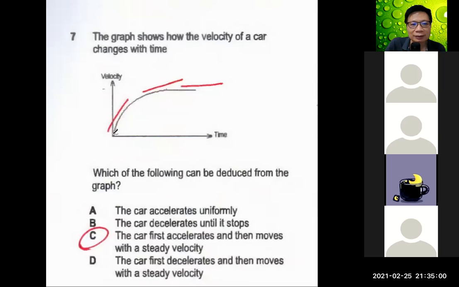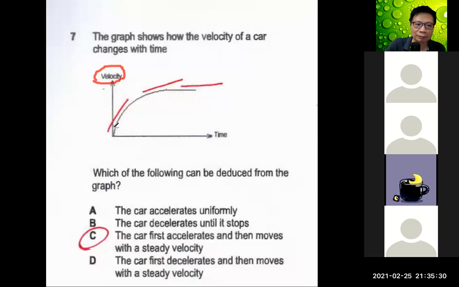I thought a curve downwards is deceleration. No, this is a velocity time graph. I ask you this question now: is the velocity increasing? You see the graph? Increasing, right? Here 0, 1, 2, 3, 4. When the velocity is increasing, it means acceleration.